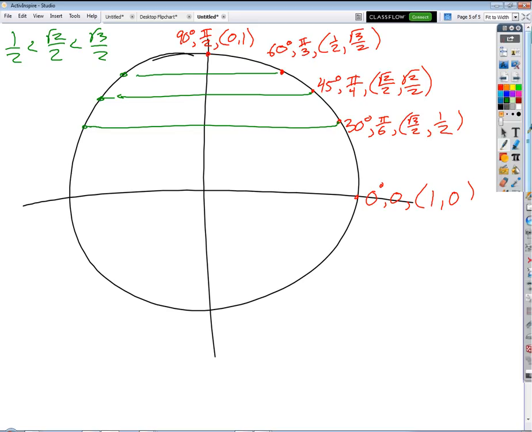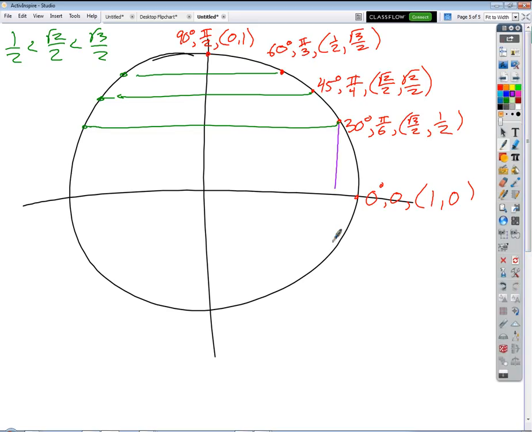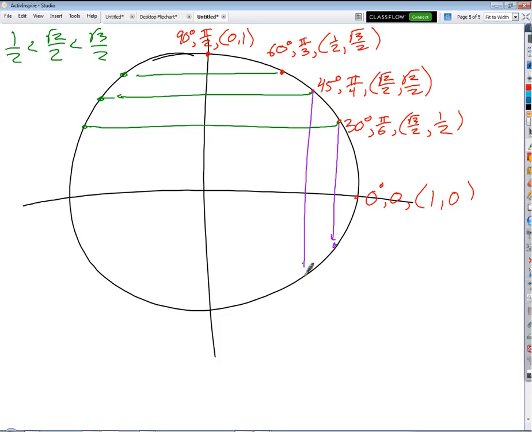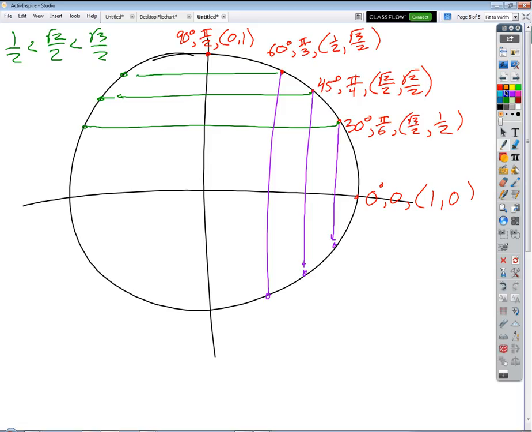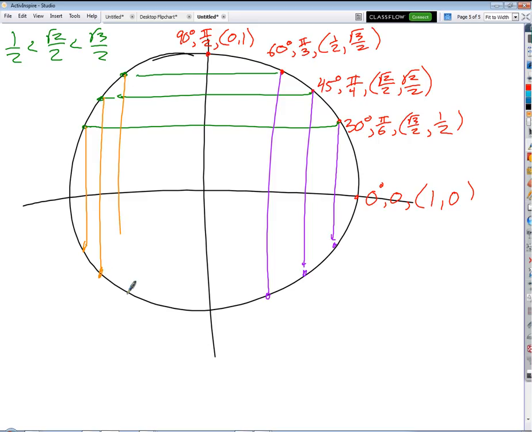If I reflect them down here, the y values become negative and the x values stay positive. And if I reflect them twice, they both become negative. So finding the coordinates is a piece of cake.